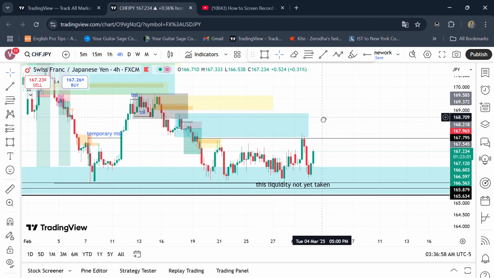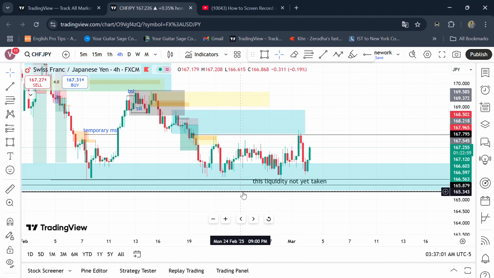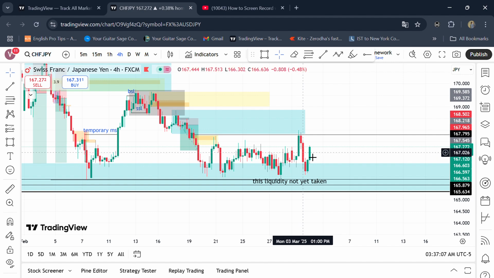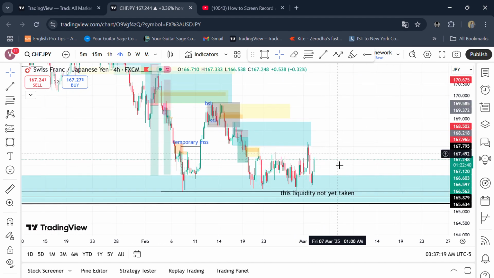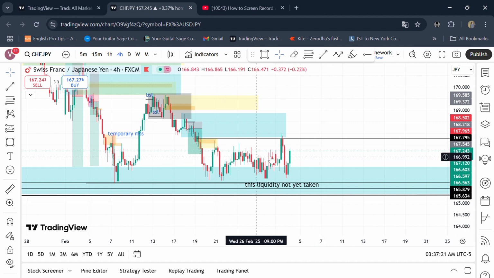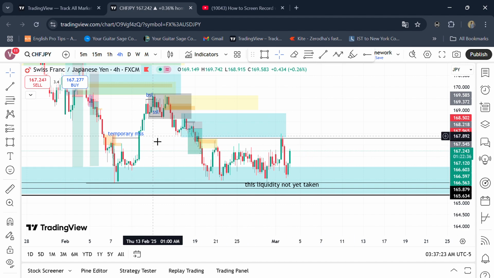A very interesting thing to notice is that as it is very close to the liquidity, it is making sideways moves. It has to collect a lot of liquidity before it takes this one and then makes its way towards the upside. So now it wants to do an actual market structure shift after taking this liquidity.